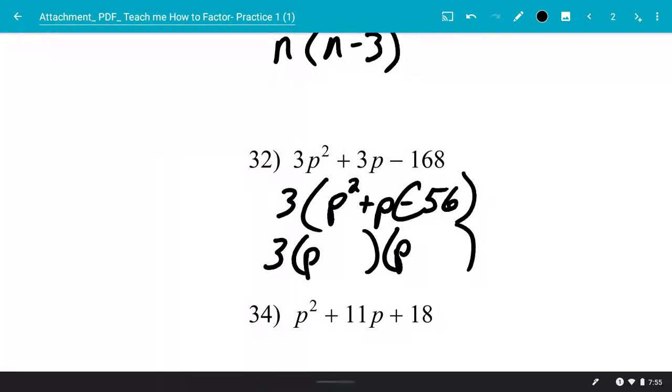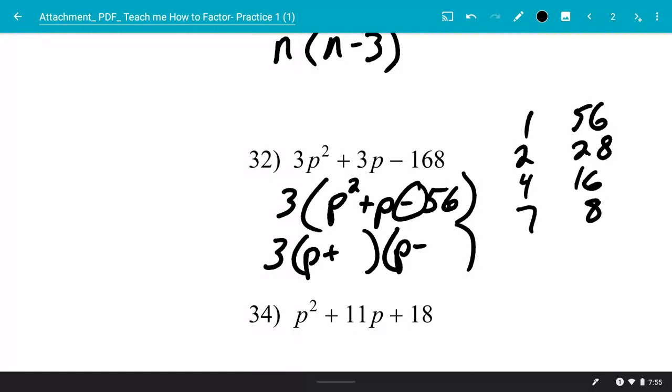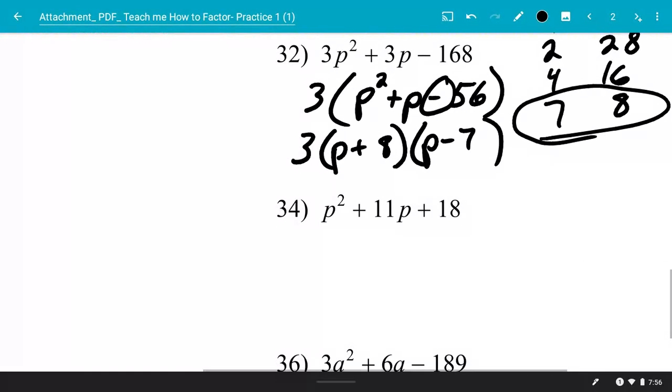P, signs are opposite, plus minus. 1 and 56, 2 and 28, 4 and 16, 7 and 8. Which of those come together to get me a 1? 7 and 8. The larger number gets the sign from the middle, so 8 is positive, 7 is negative.